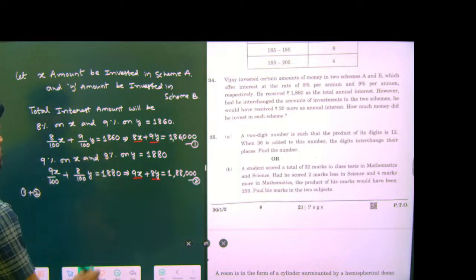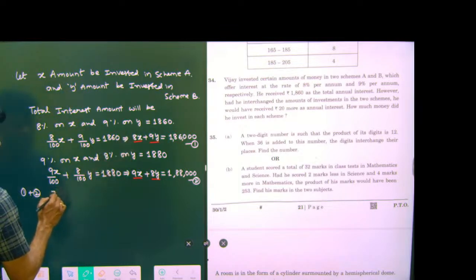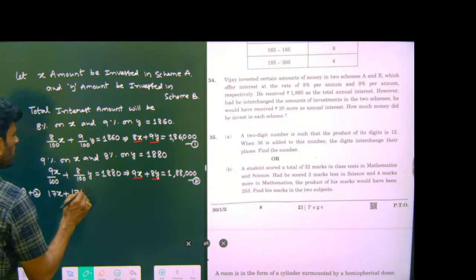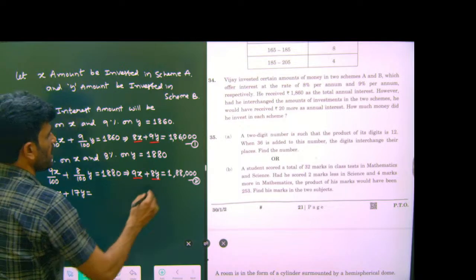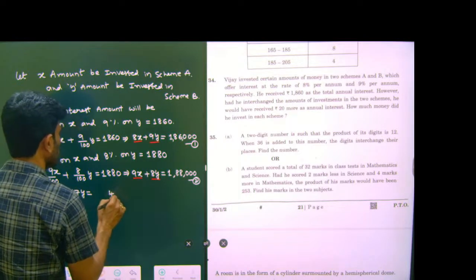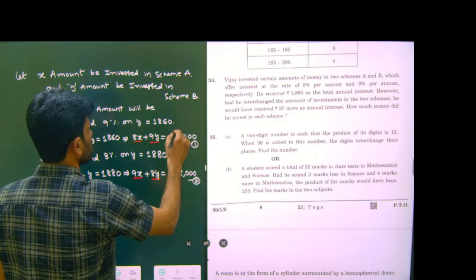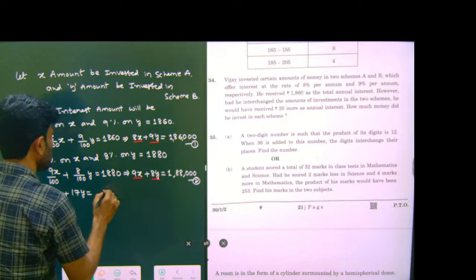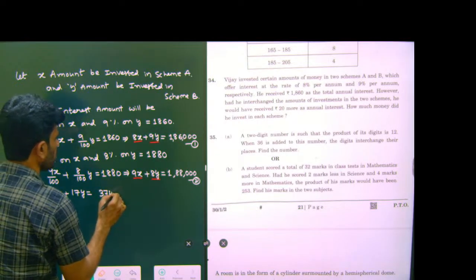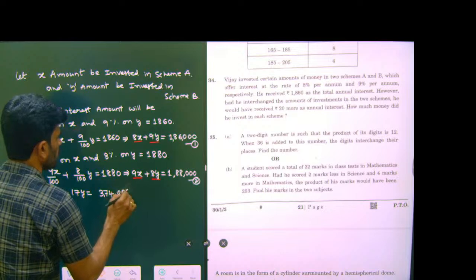When you add these two equations, 8x plus 9x is 17x, plus 17y is equal to, adding 1,86,000 and 1,88,000, 3,74,000.